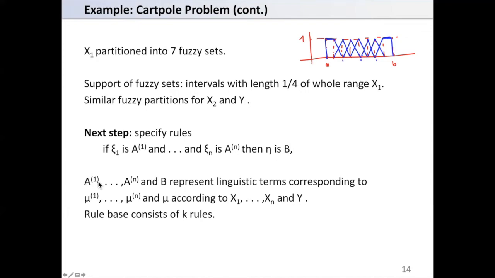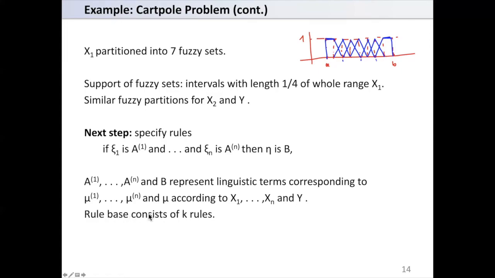Here a1 up to an and b represent linguistic terms corresponding to membership functions mu1 up to mu_n, and mu for the output, according to reference sets x1 up to xn and y.